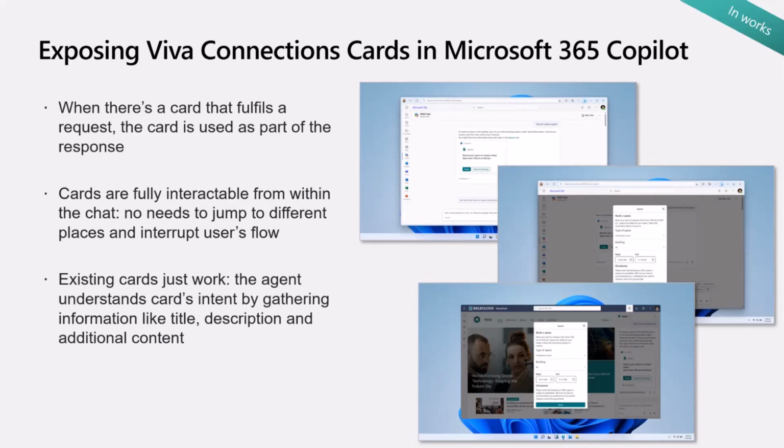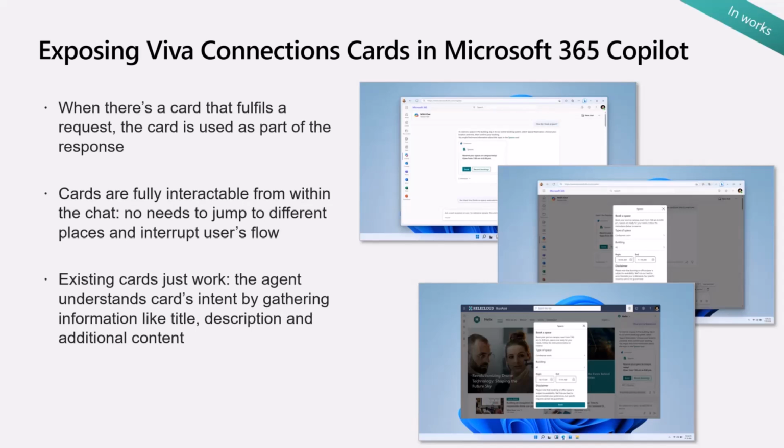This is basically the same: how you can reuse or maximize your investments in Viva Connections and cards, or ACEs, Adaptive Card Extensions, which is the name of the cards that you surface in the Viva Connections dashboard, and surface these cards also in Copilot.